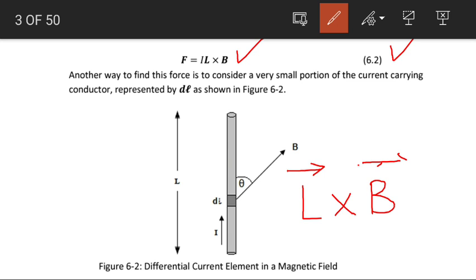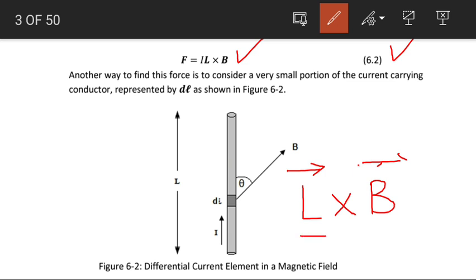And we consider the length of this conductor as a vector quantity. This vector will be in the direction of the current. Whatever may be the direction of the current in this conductor, that will be the direction of the length vector.